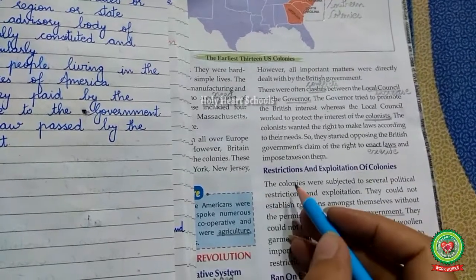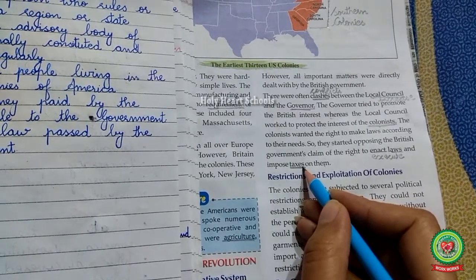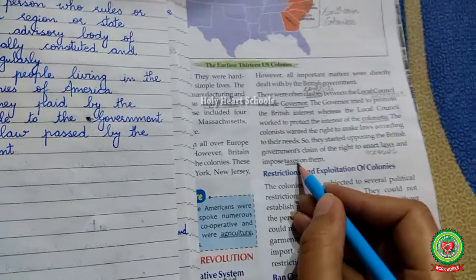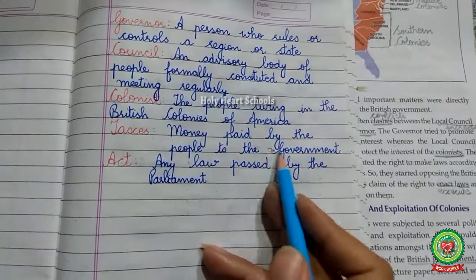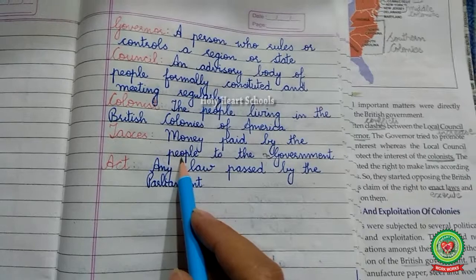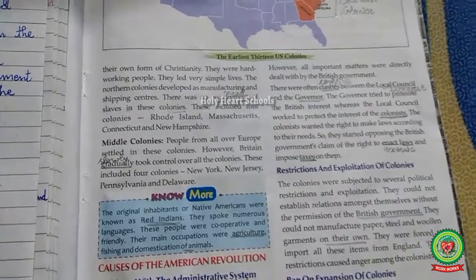And impose the taxes on them. Now here the word taxes. Taxes is again an important term. Taxes means money paid by the people to the government. You can see from here also, money paid by the people to the government, that is known as taxes. Now, this was the first cause of the American Revolution.